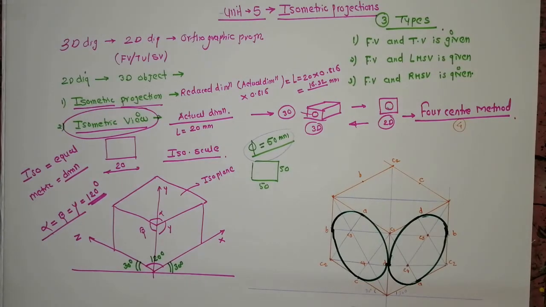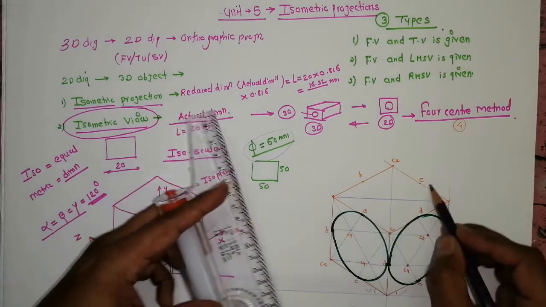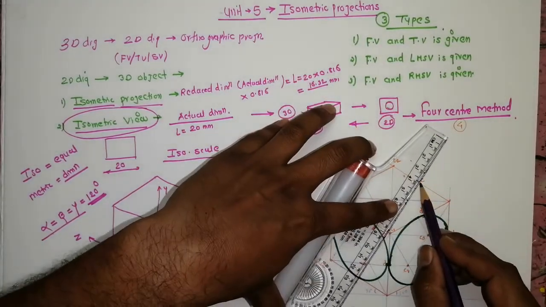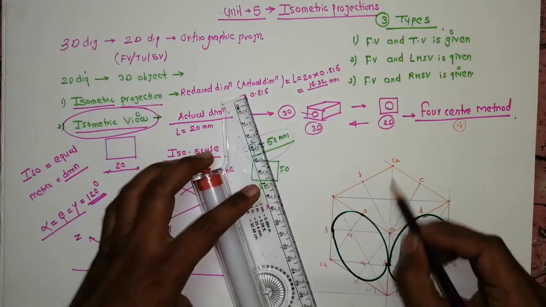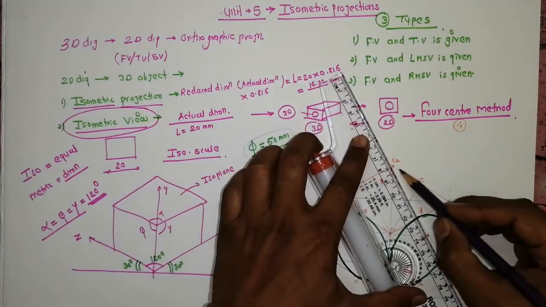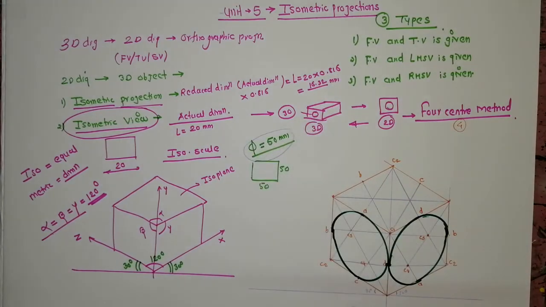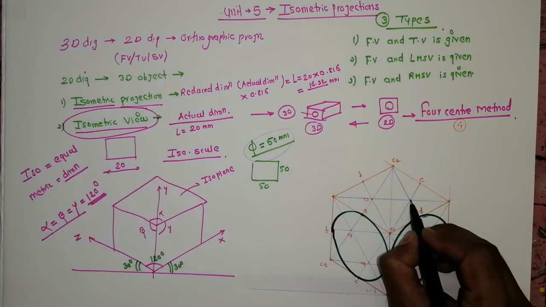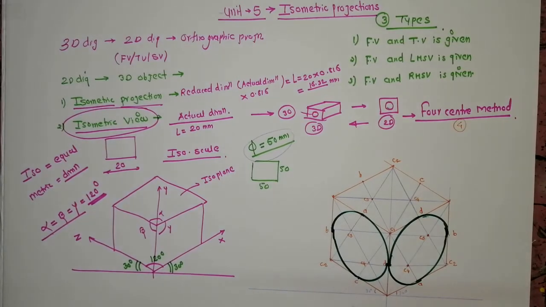What is the next step? From C1, opposite midpoints are B and C. From C2, opposite midpoints are A and D. After joining the opposite midpoints, we get the common intersections on the diagonal. So this is C3 and C4.